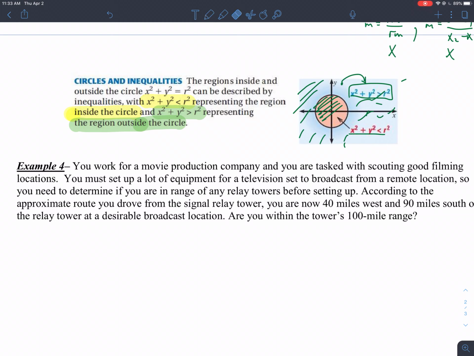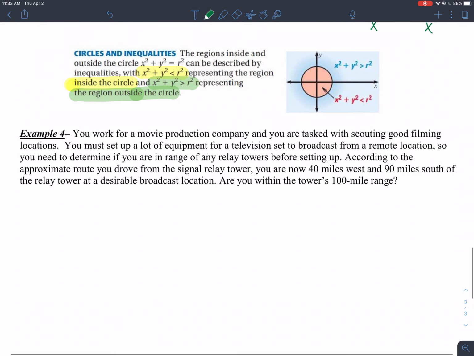And again, what that means is if a point is in here and I plug it into this inequality, it will satisfy it correctly. It will work. It will give me a true statement. All right? That's all it means. So let's just keep that knowledge in mind. Okay? Think about that. We'll do an example here together.